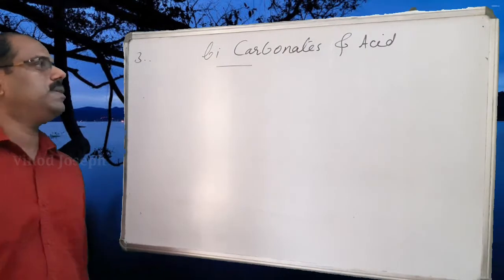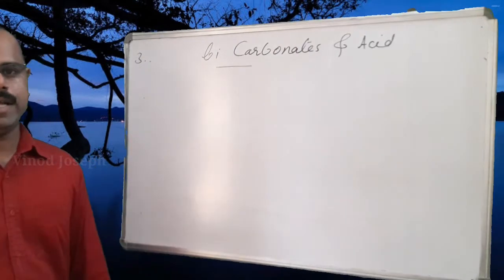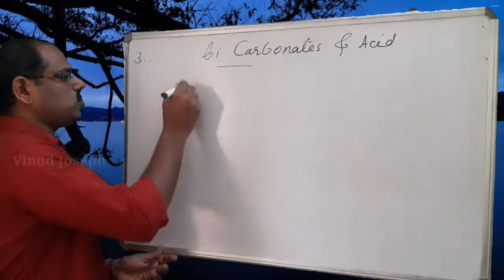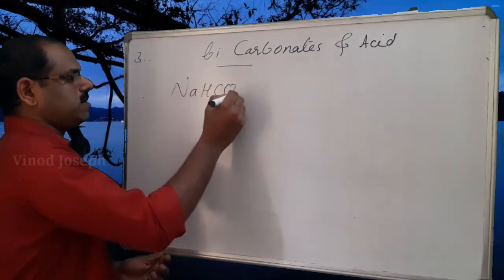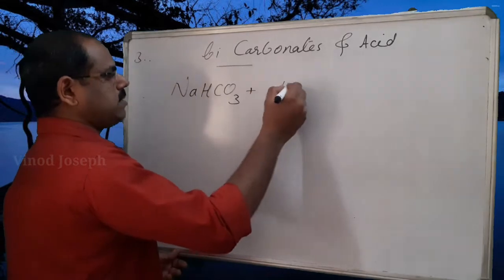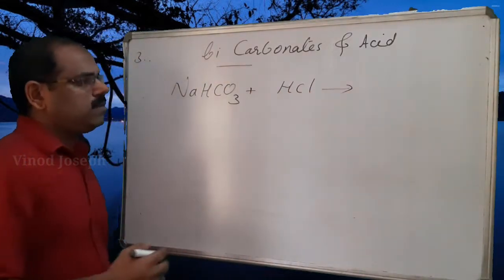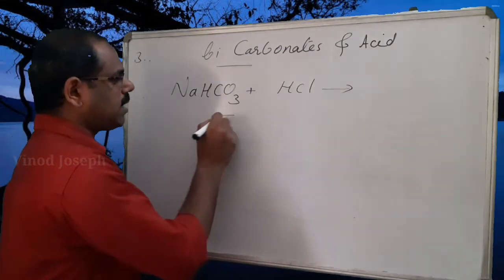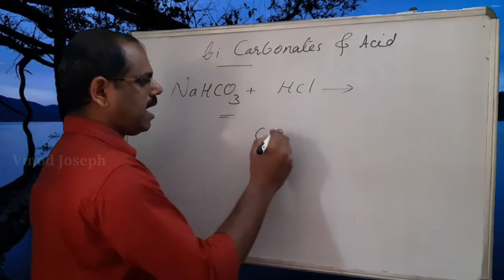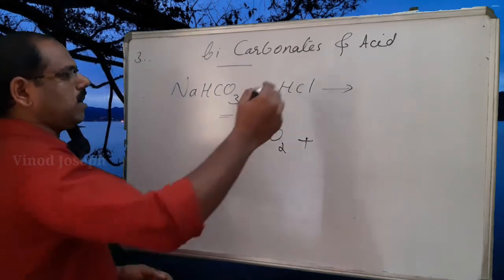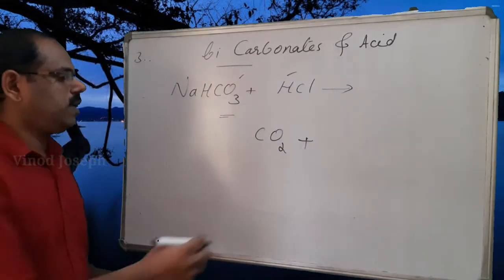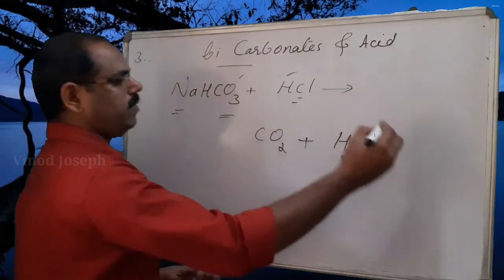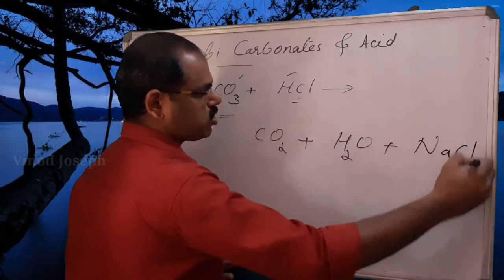The next reaction we see: the acid reacts with a bicarbonate. Bicarbonate means hydrogen carbonate, HCO3. Consider sodium bicarbonate, NaHCO3, plus dilute HCl. We get the same products as we have seen in the case of carbonates. As with carbonates, the first product you can write is carbon dioxide. Hydrogen with oxygen gives water, plus metal and chlorine gives the metallic chloride, or sodium chloride.